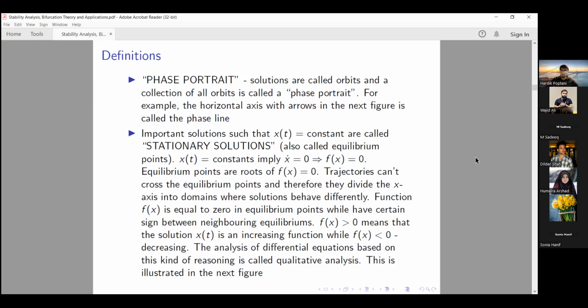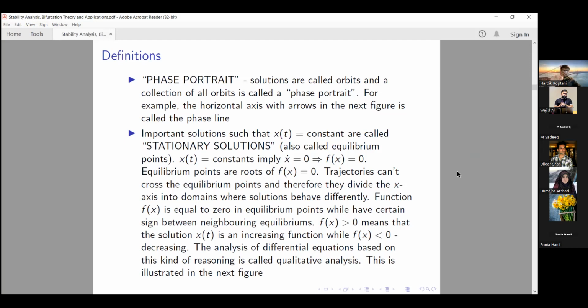Now, as we said earlier, trajectories cannot cross the equilibrium points, and therefore they divide the x-axis into domains where solutions behave differently, which is why they are monotonic. Function f of x is equal to 0 at equilibrium points, while it has a certain sign between neighboring equilibria.